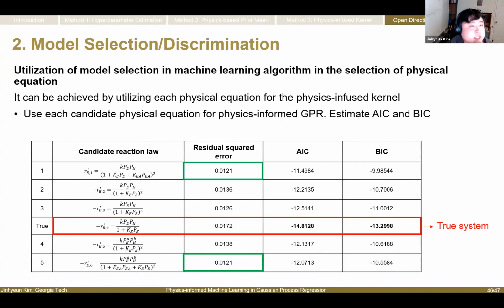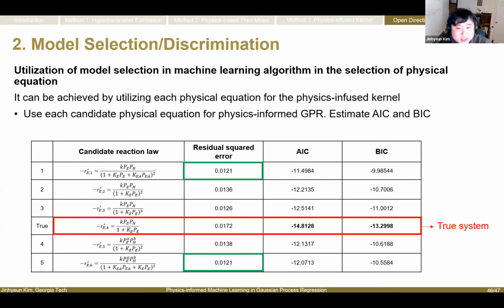We can utilize the physics-infused kernel for model selection. We can build a physics-infused kernel model for each candidate reaction law and calculate the AIC, Akaike information criterion, or the Bayesian information criterion, which are popular criteria for model selection.